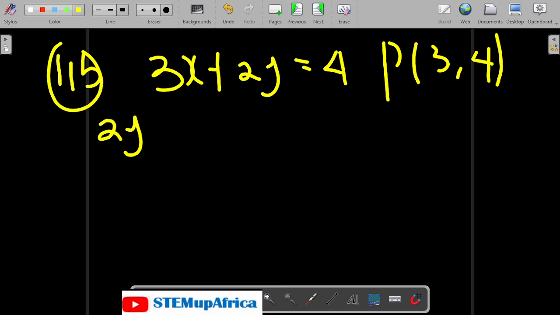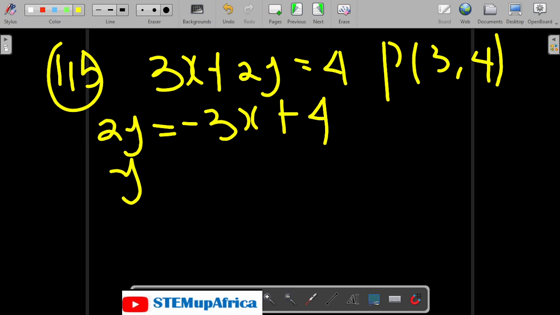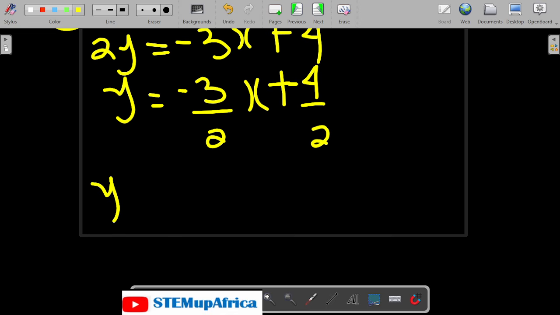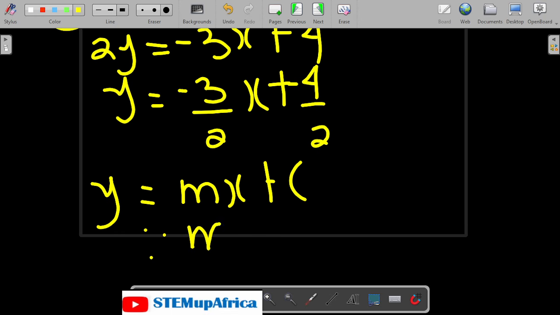I'm having 2y equals minus 3x plus 4. So y equals minus 3 over 2 x plus 4 over 2. Compared to the equation of a straight line, y equals mx plus c, my m is minus 3 over 2.